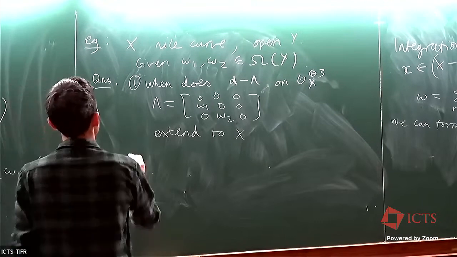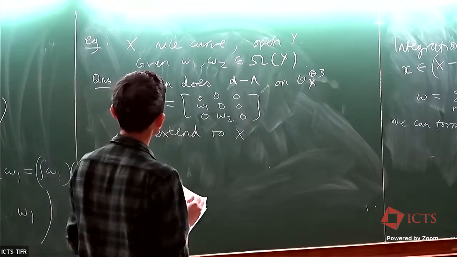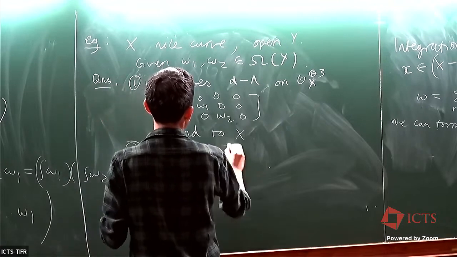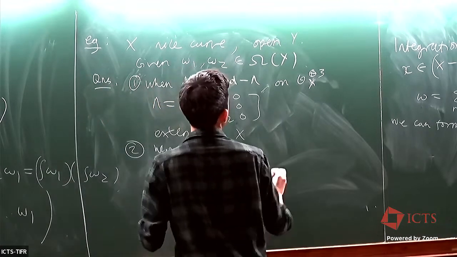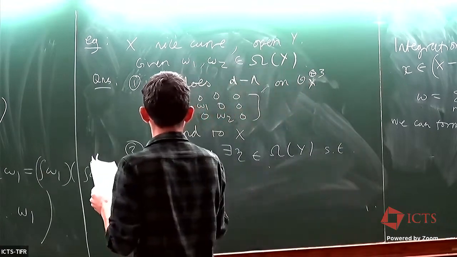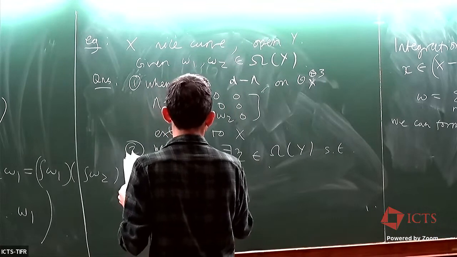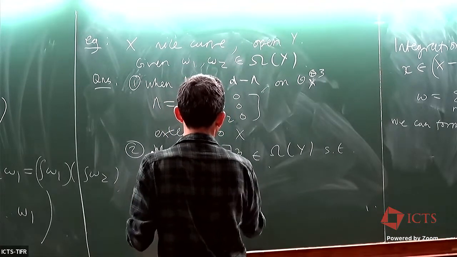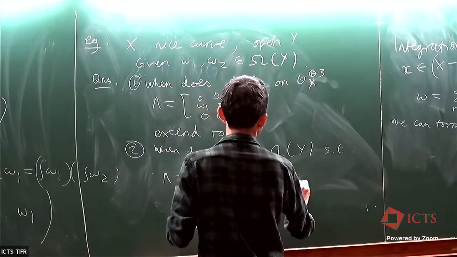And then another question you could ask is, when does there exist an eta in omega of Y such that eta extends?